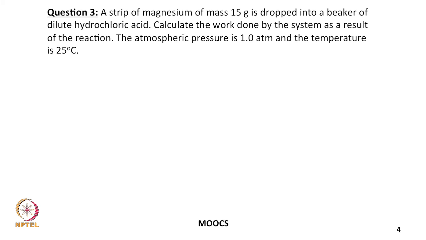Calculate the work done by the system as a result of the reaction. The atmospheric pressure is 1 atmosphere and the temperature is 25 degrees Celsius. So, once again, let us try to find out the information that is given and which we can make use of.